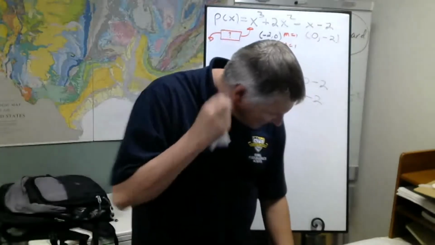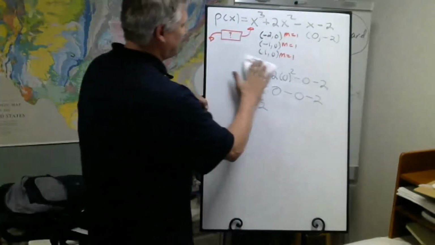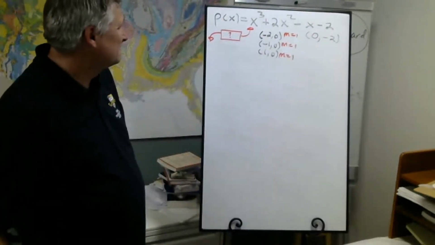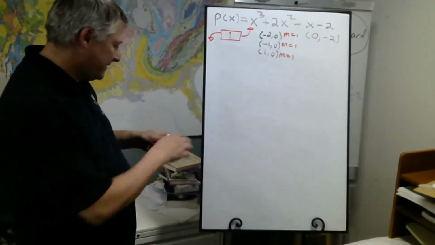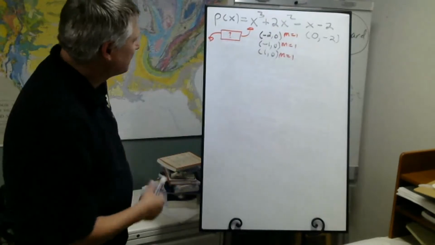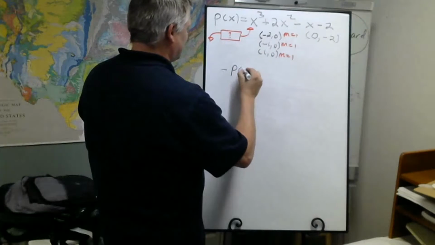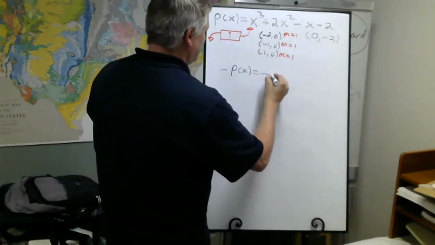All right, so symmetry. Is there any symmetry here? Well, again, let's take a look at p of x. We have p of x, and a negative p of x, we'll get minus x cubed.